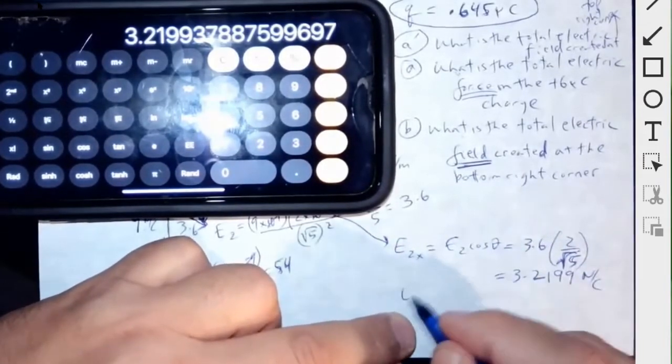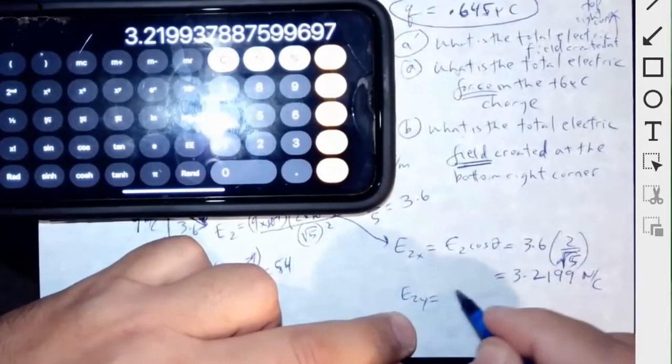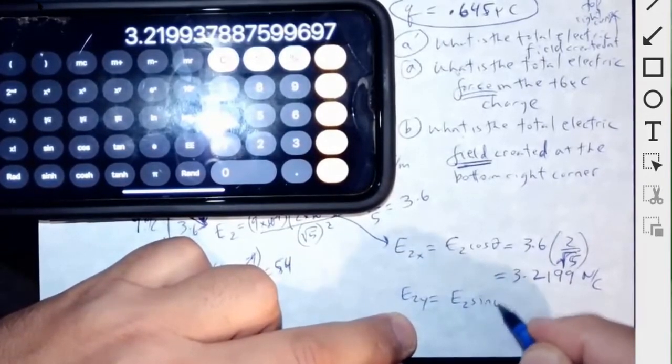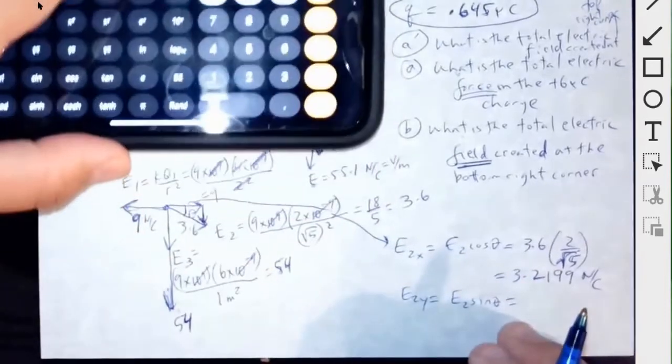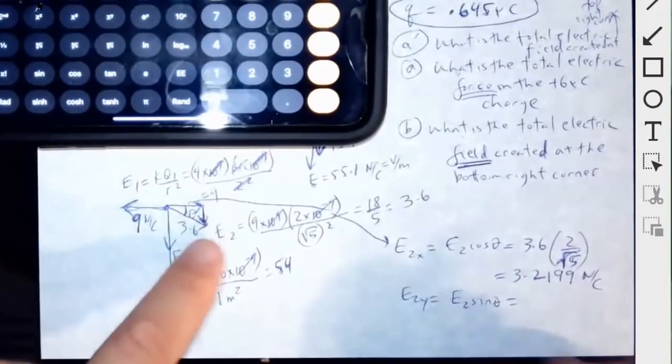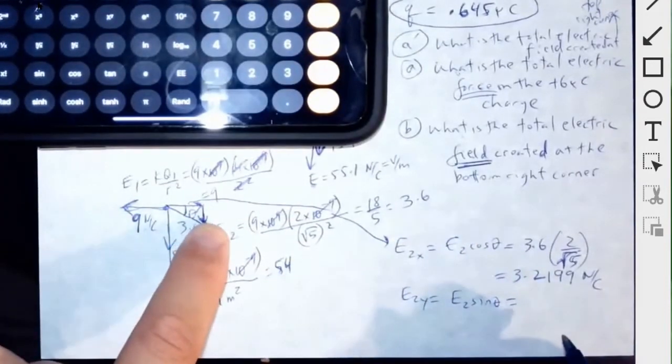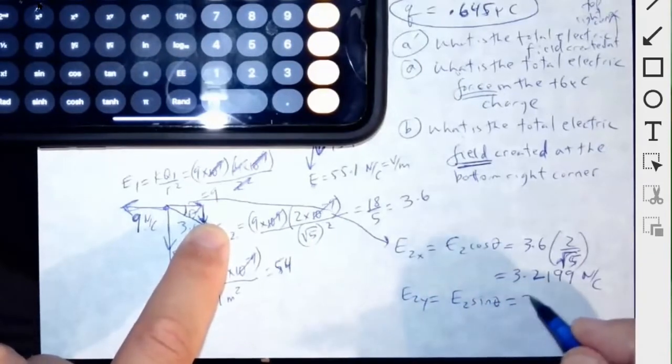And then the y component is going to be E2 sine theta, and it's down, right? So then what is that going to be? 3.6.